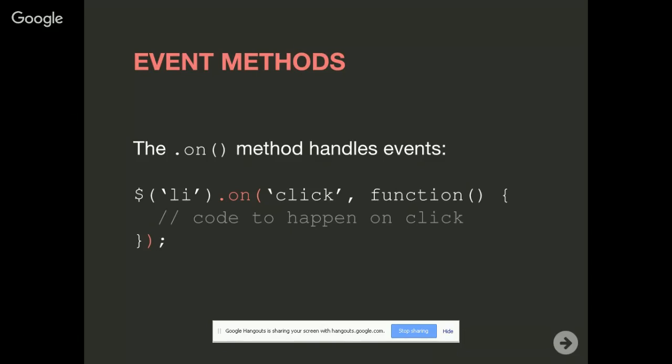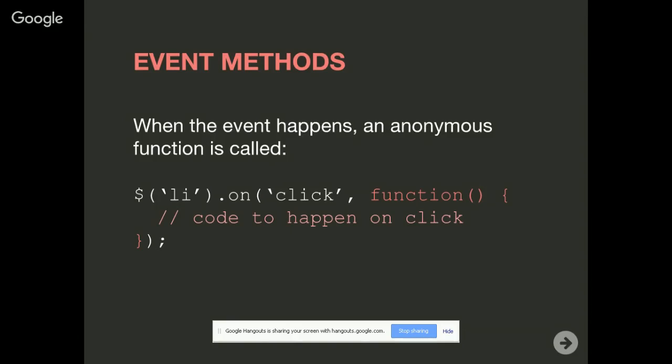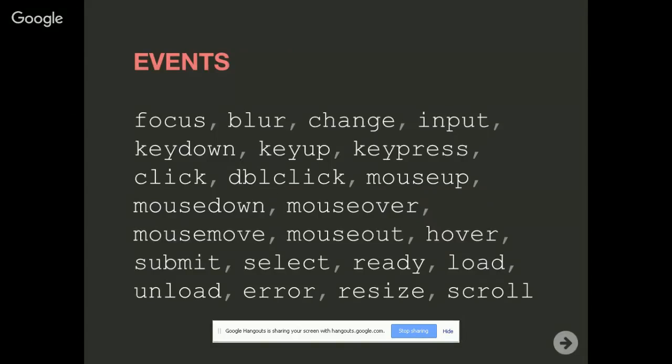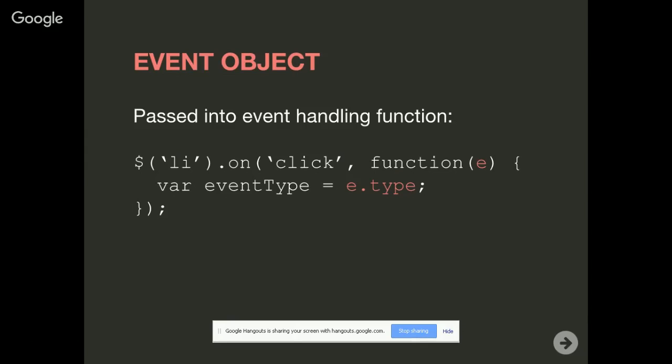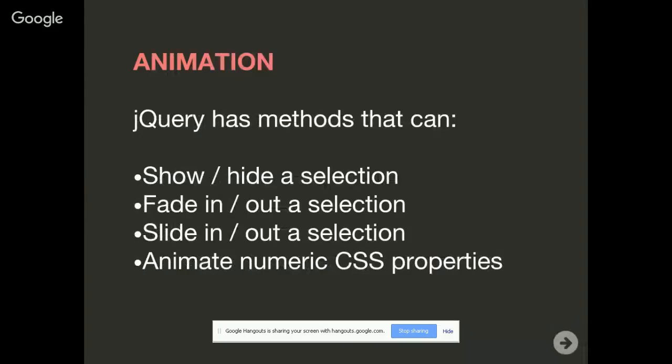Anonymous function, which means it's going to run when it's encountered in the code. This is a list of events. And we might do an event object. We skipped this with JavaScript, so I think we'll try to do one. So this is a fun one.